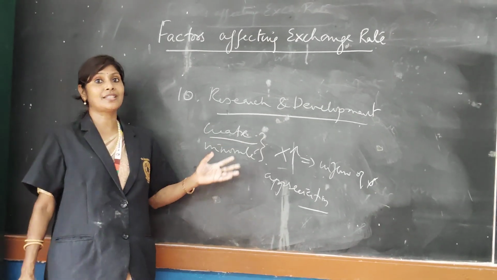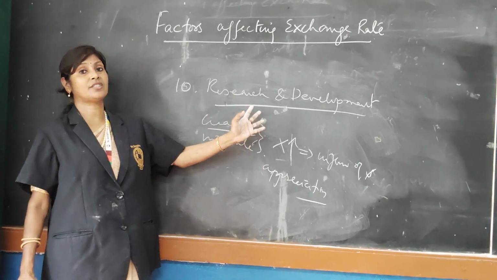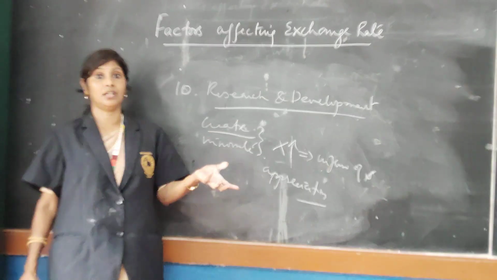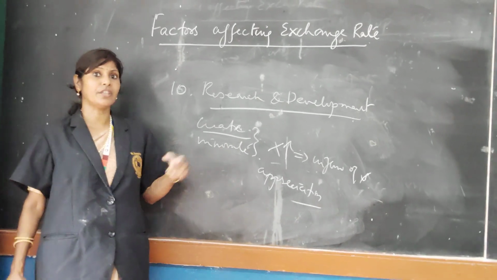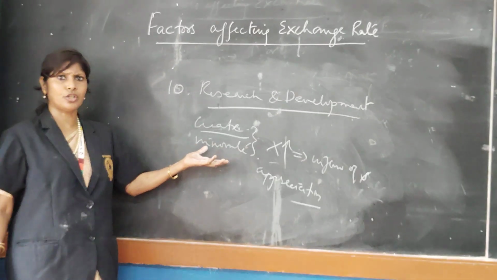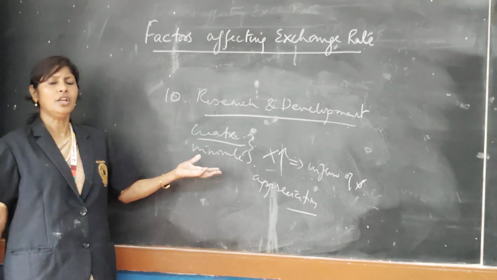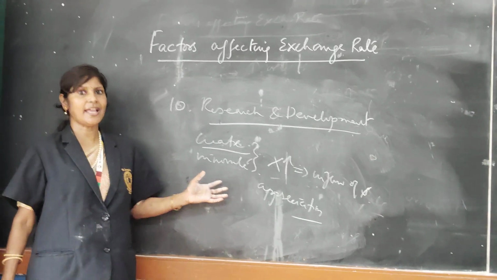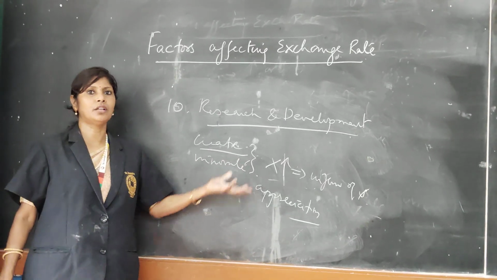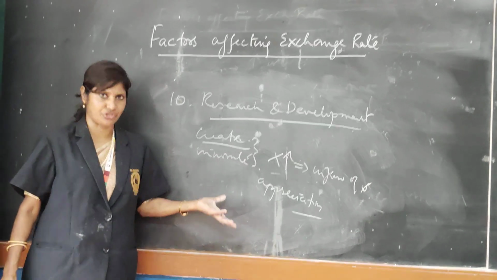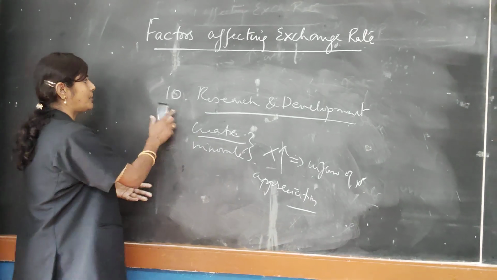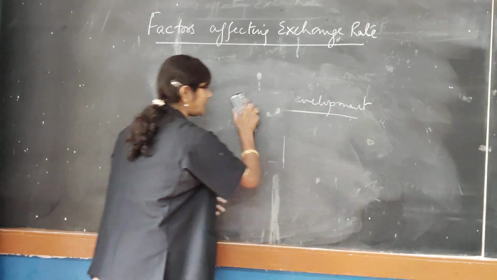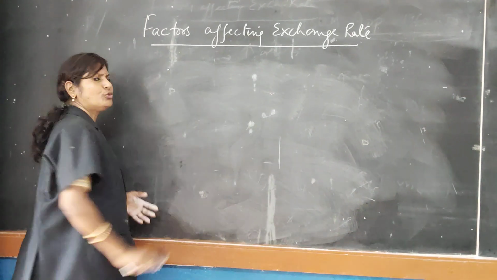So this is a very good example that a country should invest in research and development and make use of other countries also. We can certainly do patents, copyrights. We can go ahead with the creation of new things and sell them and earn foreign exchange for the country. So this is a very good example of the factors that influence research and development.